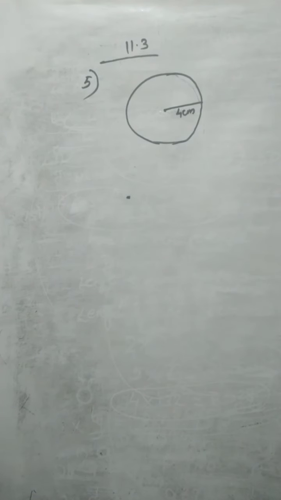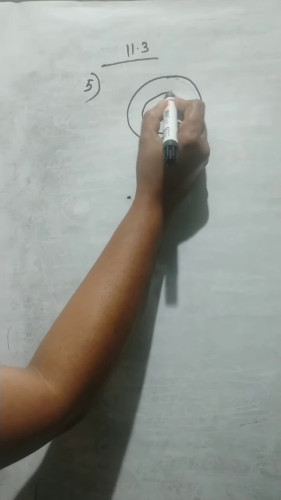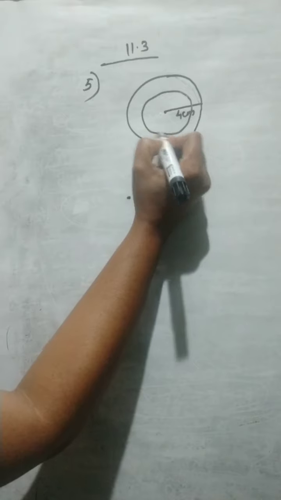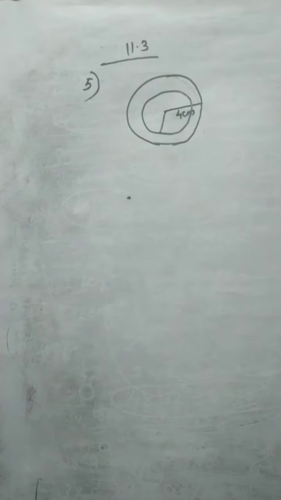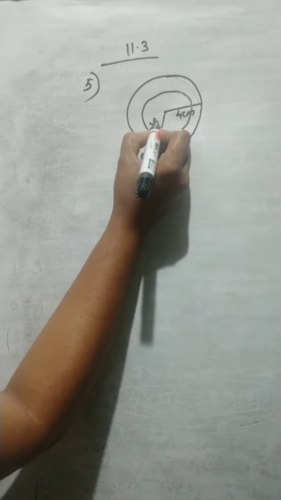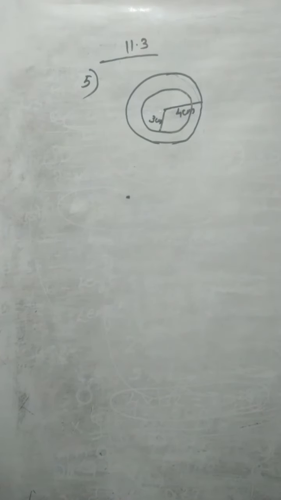Then the next part: a circle of radius 3 centimeters is removed. So we have to cut out this circle of radius 3 centimeters. Then find the area of the remaining part.